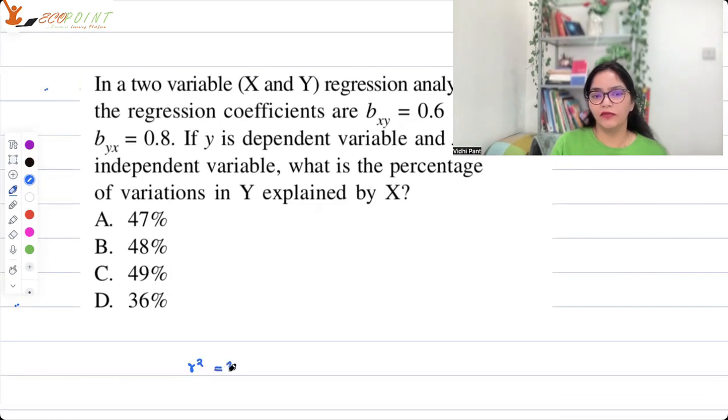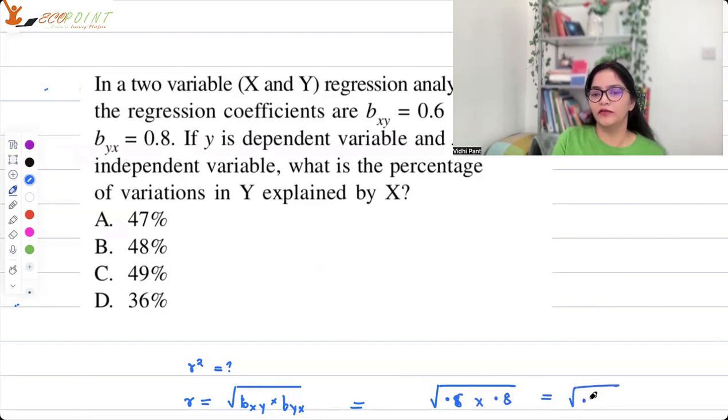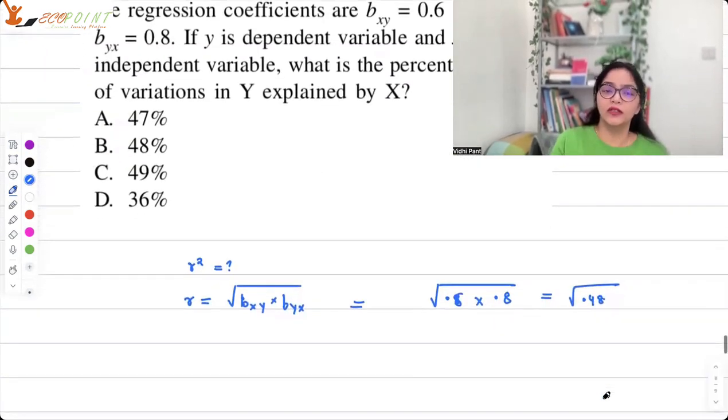So r square is what we have to find, and the relationship that you should be aware of is that r is equal to the square root of bxy multiplied by byx. And that means it is the square root of 0.6 into 0.8, that is, 0.48.